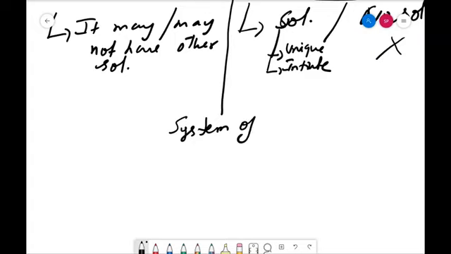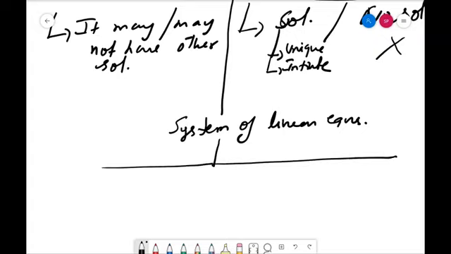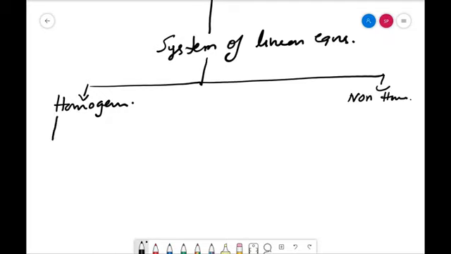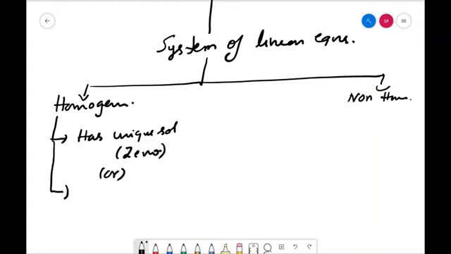System of linear equations. So I have these, which are homogeneous ones, and here non-homogeneous ones. Then this homogeneous one has a unique solution, meaning the 0 solution only, or infinite solutions.